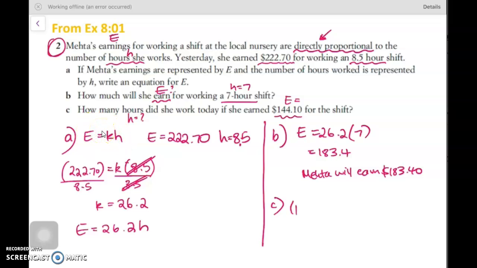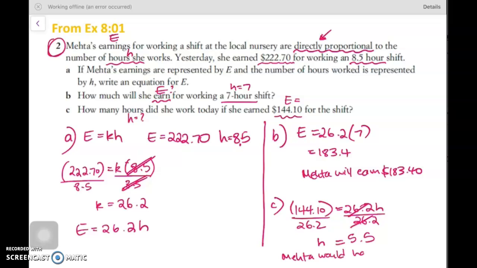So $144.10 is equal to 26.2 times H. To find out what H is, we need to divide both sides by 26.2. That would give us 5.5. So the answer would be Meta would have worked a 5.5-hour shift.